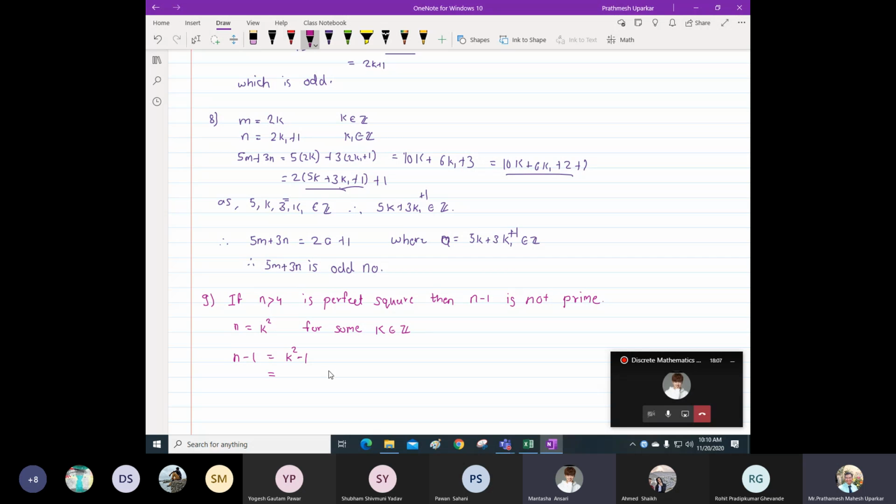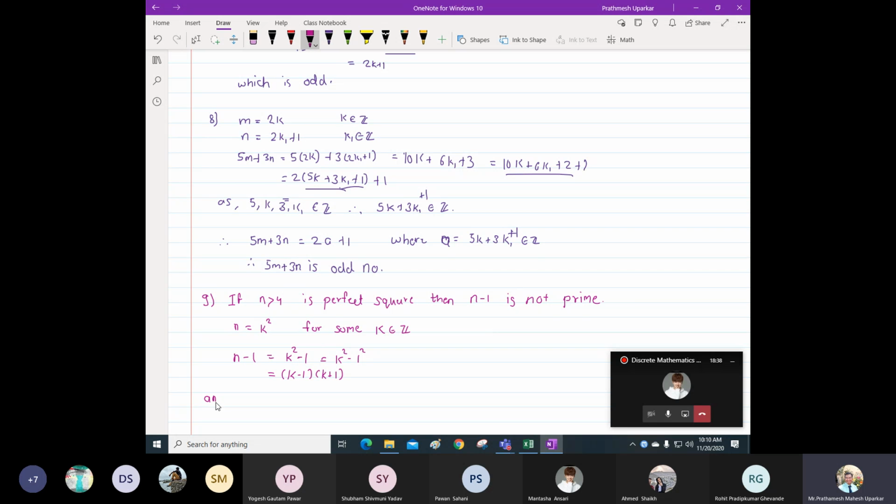It is a minus b into a plus b. So it is k square minus 1 square, because 1 square is equal to 1. Apply the formula: it is k minus 1 into k plus 1. So we get the product of two numbers. n minus 1 can be written as the product of two numbers, k minus 1 into k plus 1.